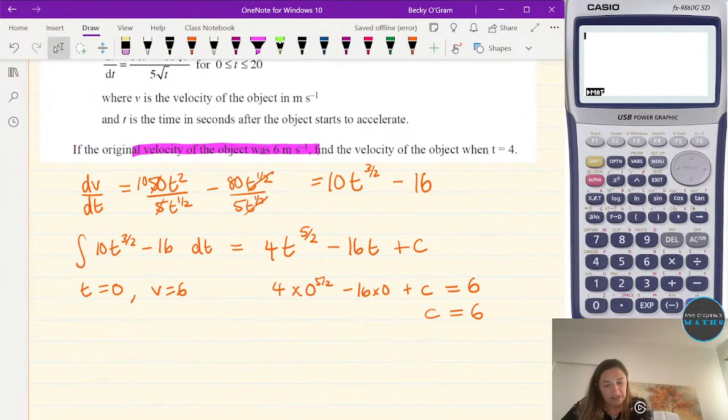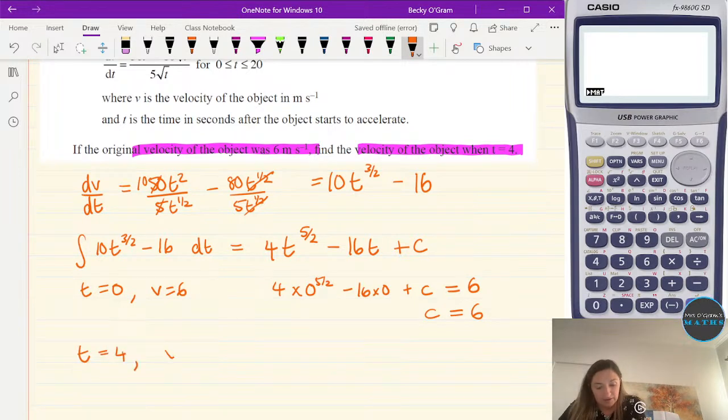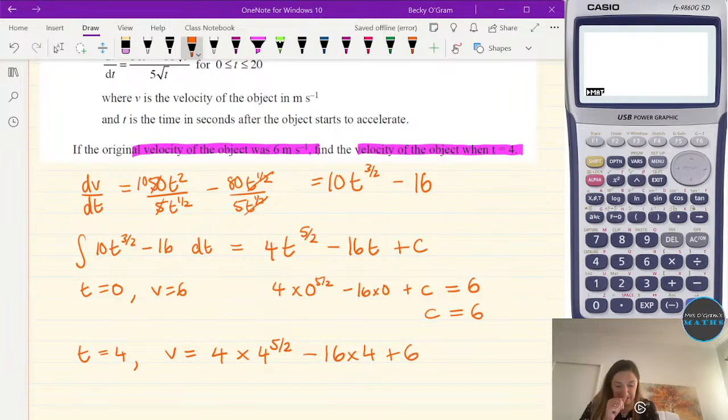Now, finally, we're asked to work out the velocity when t is 4. So now we can pop that in. When t is 4, our velocity will be 4 times 4 to the 5 over 2, minus 16 times 4, plus 6. And let's get the calculator out for that one.